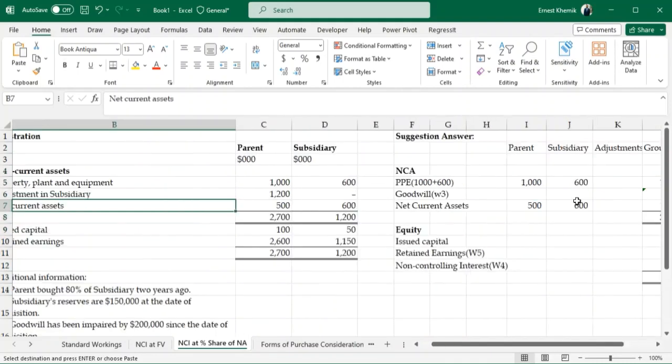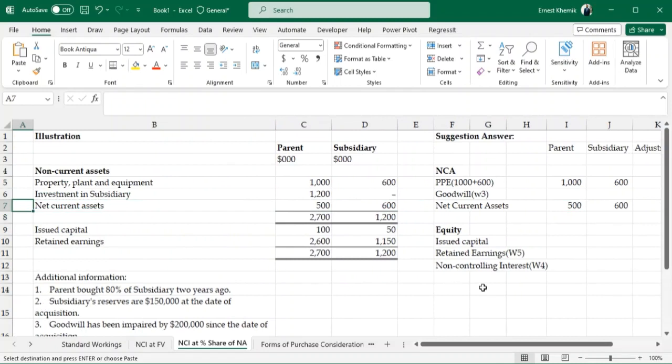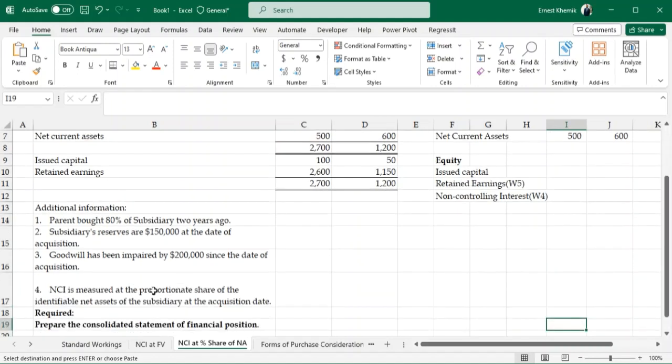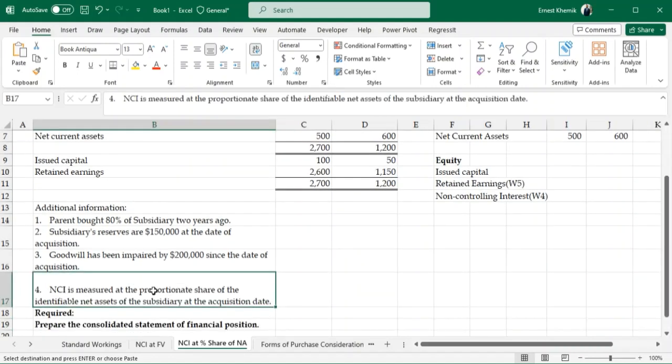Good. So I've pasted it there, and then the only difference now is going to be, so guess what? What will be the difference? The difference here is how the NCI is being measured. So as you can see, note 4 is saying all the other things are the same except note 4, which is that NCI is measured at a proportionate share of the identifiable net assets of the subsidiary at acquisition date.